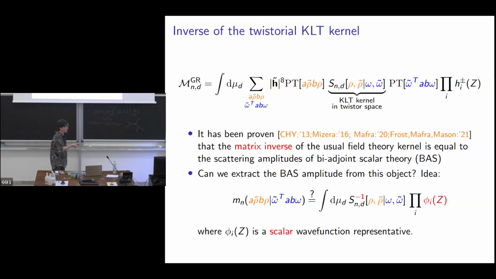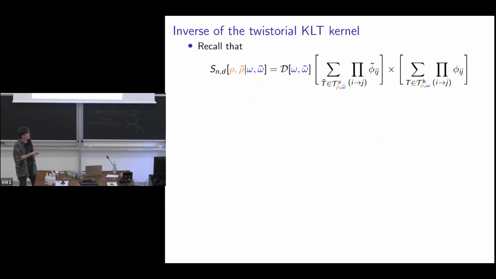Can we say anything about this? In principle, it's quite difficult to invert a matrix like this. I mean, it has a very quickly growing basis. The dimension of this matrix is very big in general, but it does have this structure. So this you can just view as a diagonal matrix multiplying everything, this prefactor.